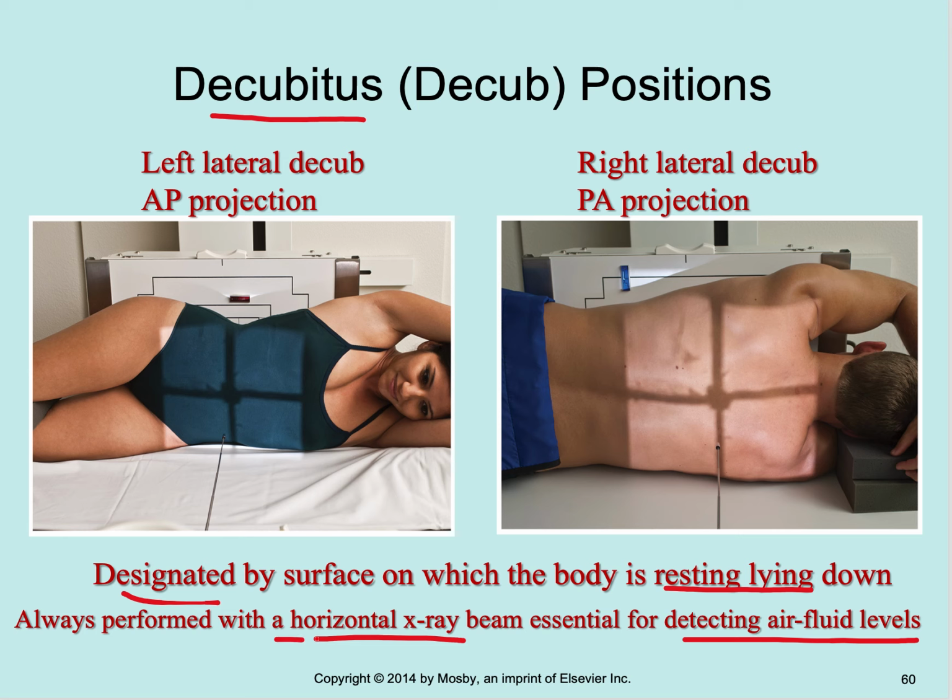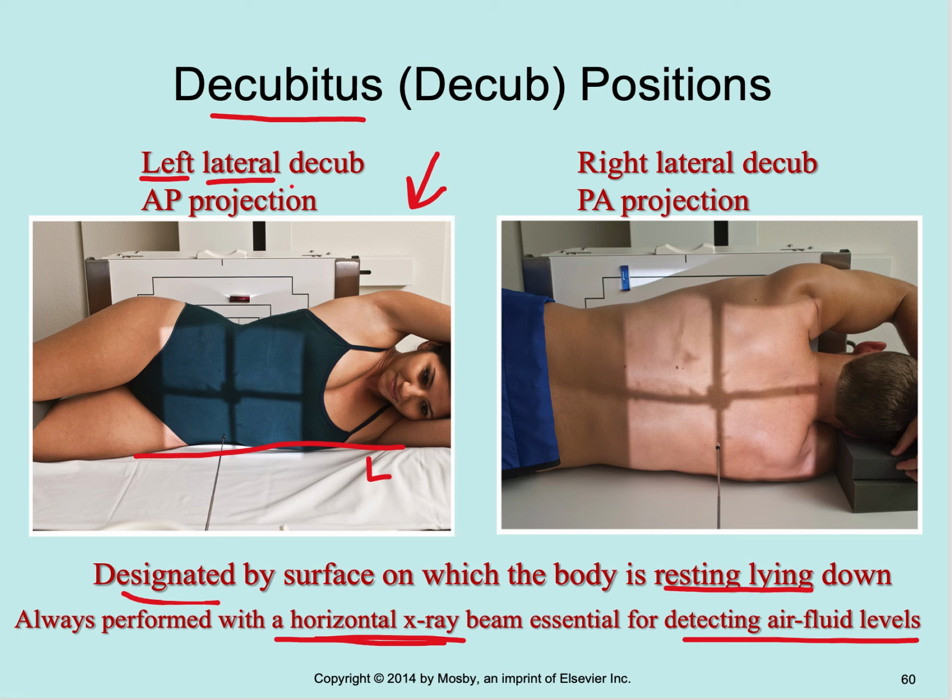They will have a horizontal beam, and they are designated by the resting side down, okay? So we talk about this image here first. The side that is down is the left side, so they are in a left lateral position.